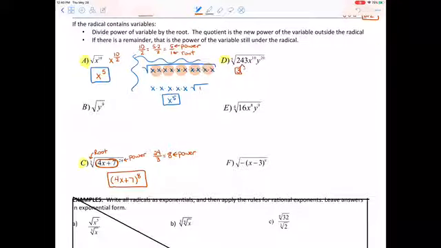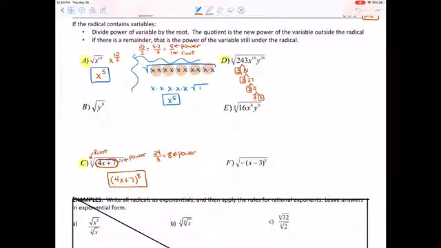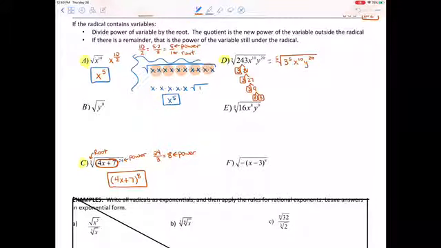It is 3 times 81. 81 is 3 times 27. 27 is 3 times 9, and 9 is 3 times 3. So we have 1, 2, 3, 4, 5 3's. So another way that we could write this is 3 to the 5th power, x to the 10th power, y to the 20th power. Now notice we have 3 different powers, but they all have the same root.